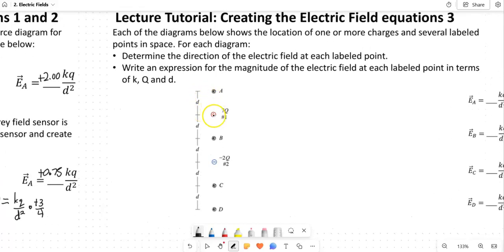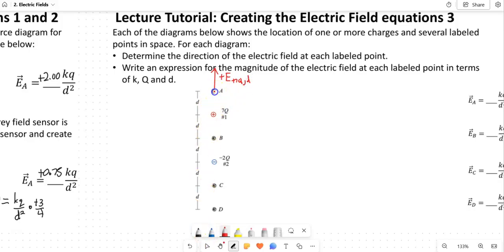So we're going to do the electric field vectors here. This positive 7q is creating an electric field pointing up and away from it, in the positive y direction, so that's due to the positive 7q, and it's a distance d away.